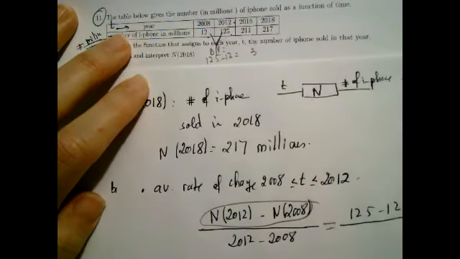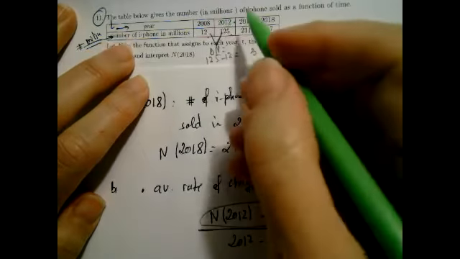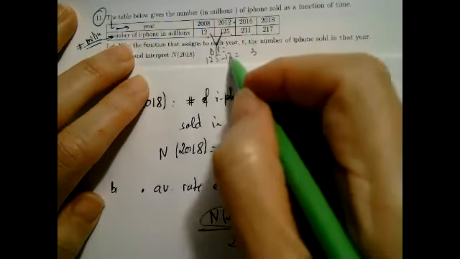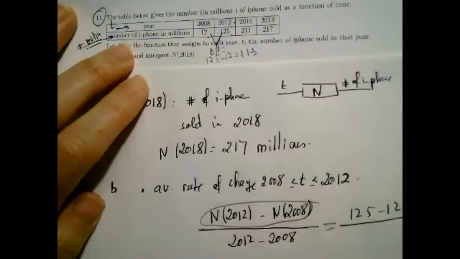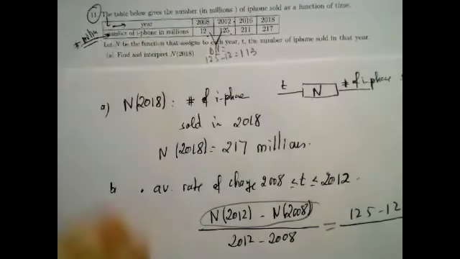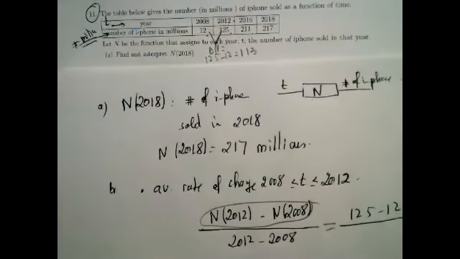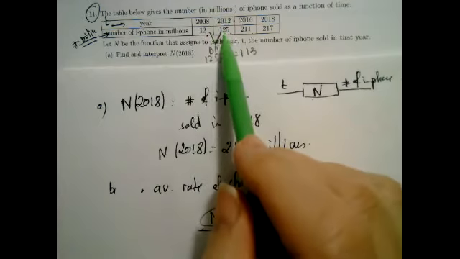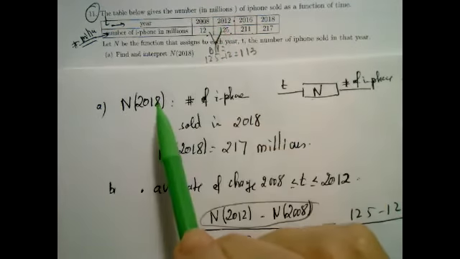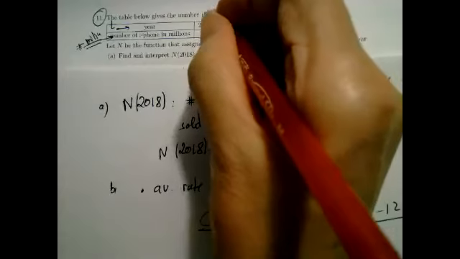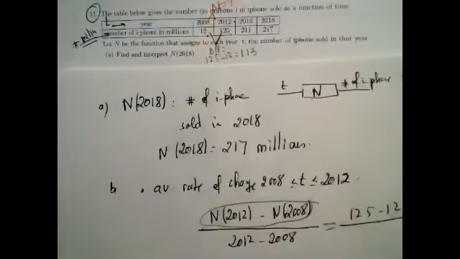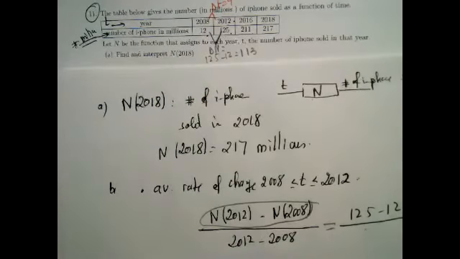Okay, so it tells me how many more iPhones were sold, which is going to give me 113. It means 113 million more iPhones were sold between 2008 and 2012. And I'm going to divide that by the change in how long it took to make this. It took 4 years to make this change.